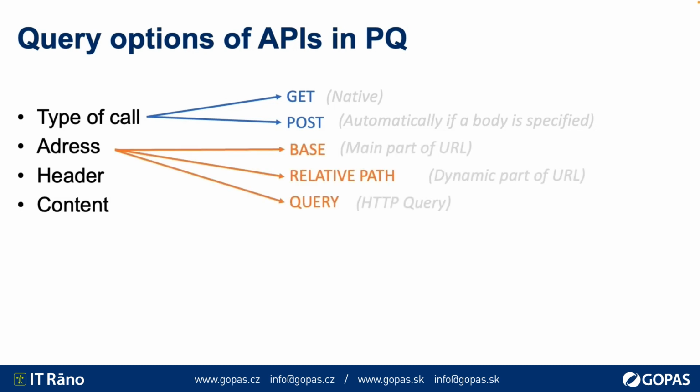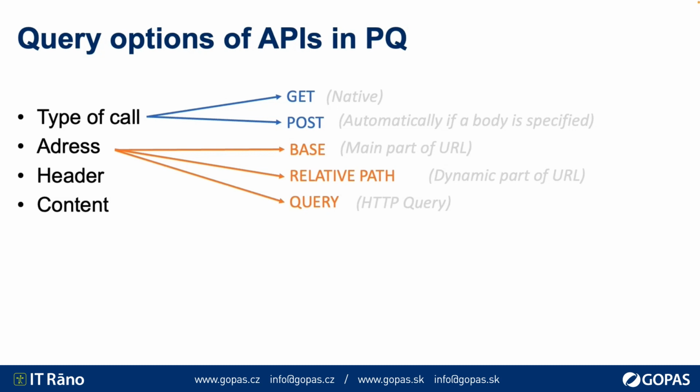Then the address, where we can divide the address into 3 parts: the base, the relative path, and a query. Base is the main part of a URL against which Power BI will set the authentication. And it should be a static URL that will not be changing.